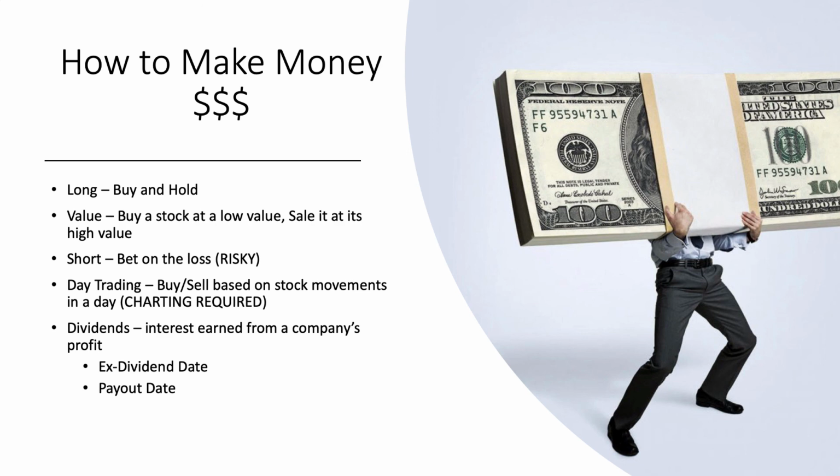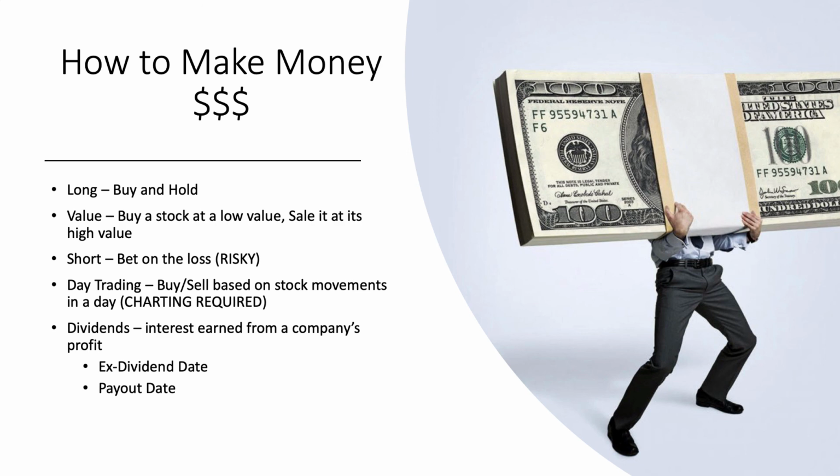Let's say they're going to give away $10 million of their profit to their shareholders. The total number of shares that are currently out on the market that sellers own and buyers own, if you divide the total amount that the company is going to give away to its shareholders by that total number, that then becomes the actual amount that you will receive per share. So in this case, that amount was 40 cents.